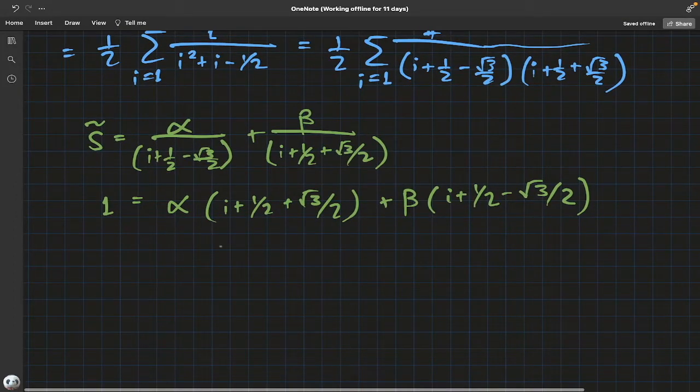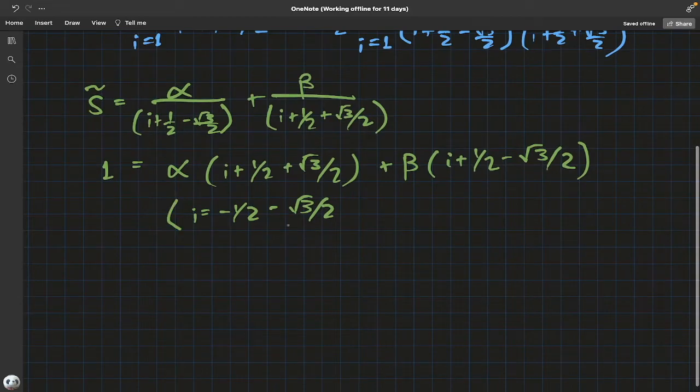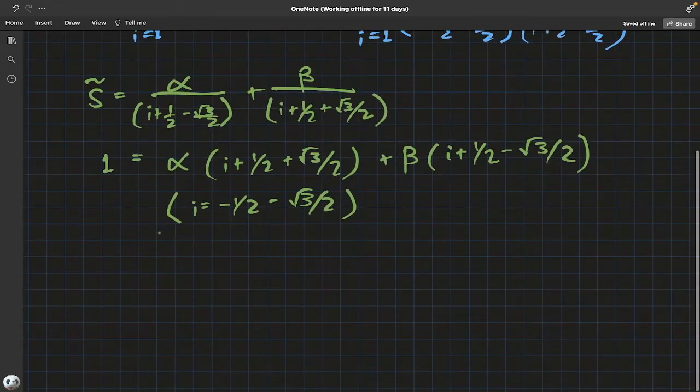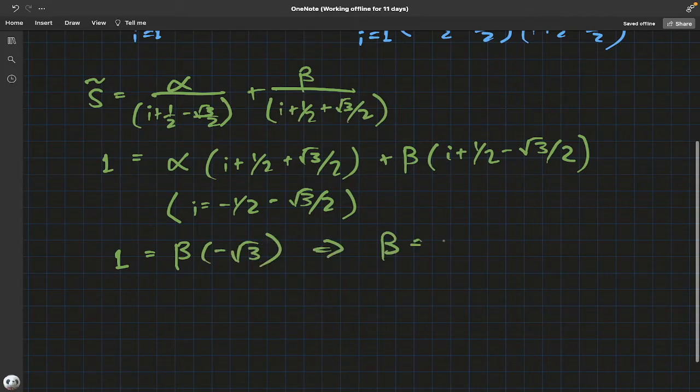And now I would like to plug in the first root, take the value for the first root, set that equal to I. And when I do that, I will have I equals, well, the first guy just disappears, beta times negative root 3. So beta is negative 1 by root 3.